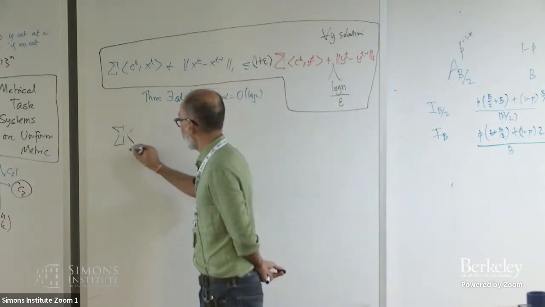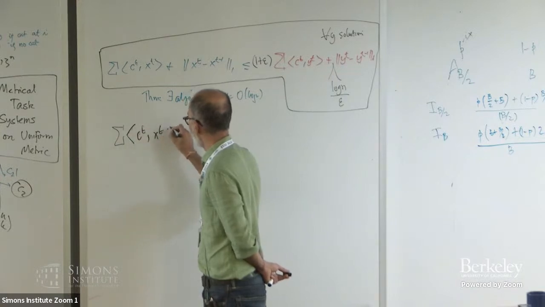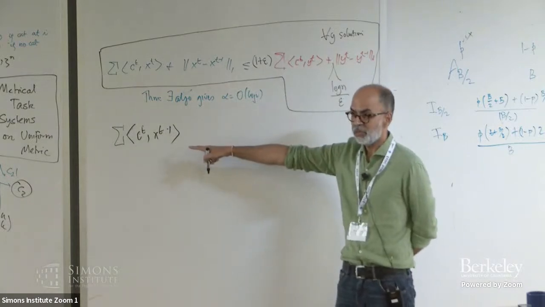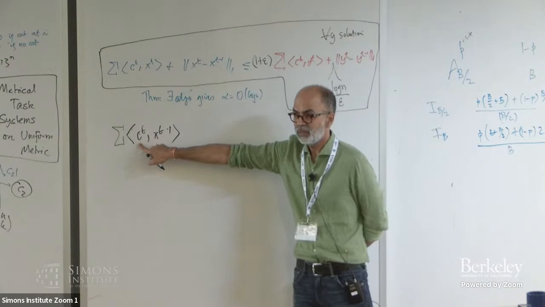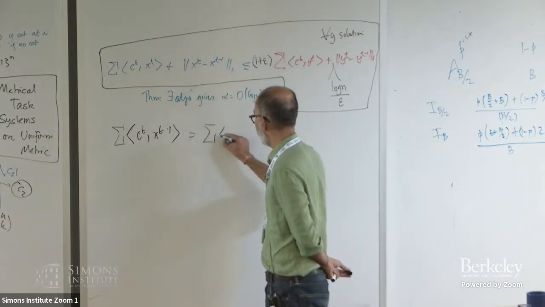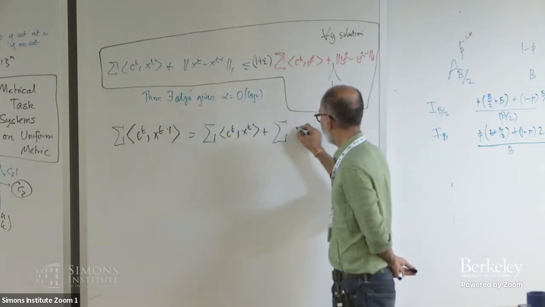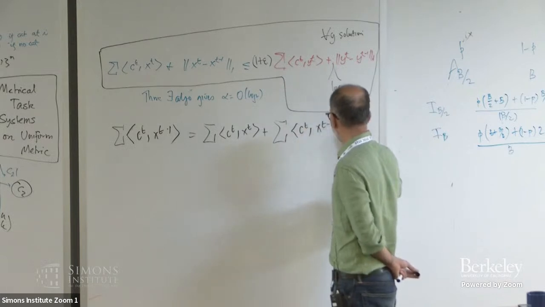And I want to look at my cost, which is c_t times x_t minus 1. This is what the regret minimization will do. I have to play first, and then I see the costs. This is just linearity, right? c_t x_t plus c_t x_t minus 1 minus.